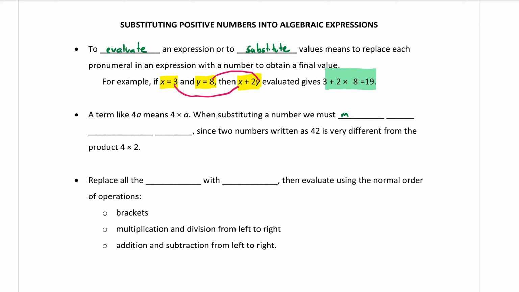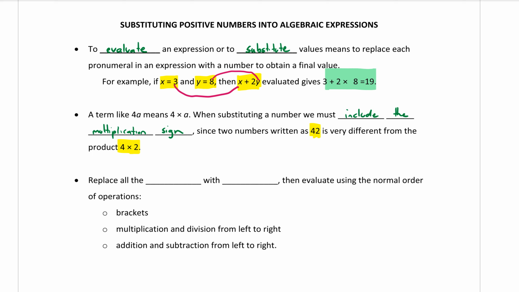We must include the multiplication sign, since two numbers written like 4 and 2 next to each other, we would assume that that's the number 42. And that is very different if that is actually meant to be 4 times 2, if those numbers are meant to be multiplied. So make sure you put those multiplication signs in.